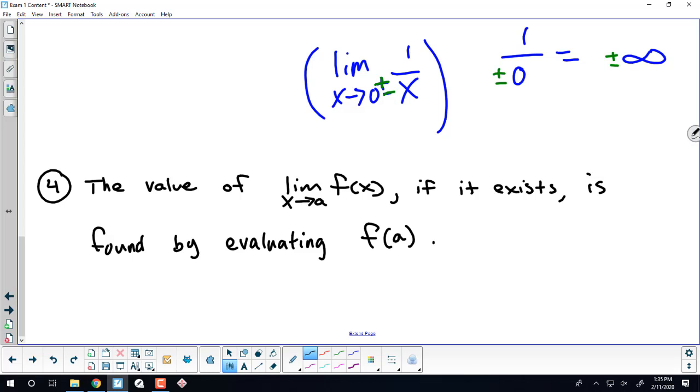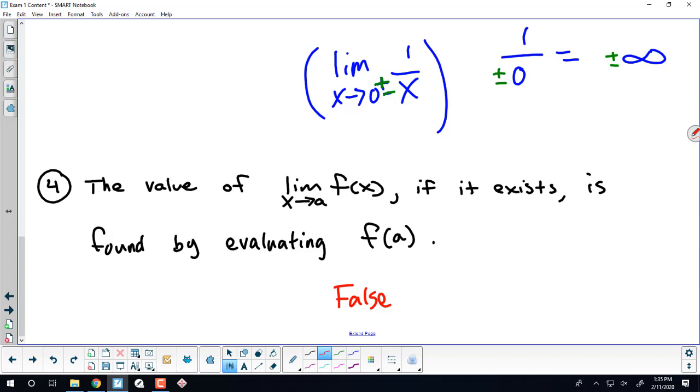Okay, anyone on this side of the room want to be brave? False? Okay, so false. What do y'all think? So this is kind of another way to answer the question above, right?